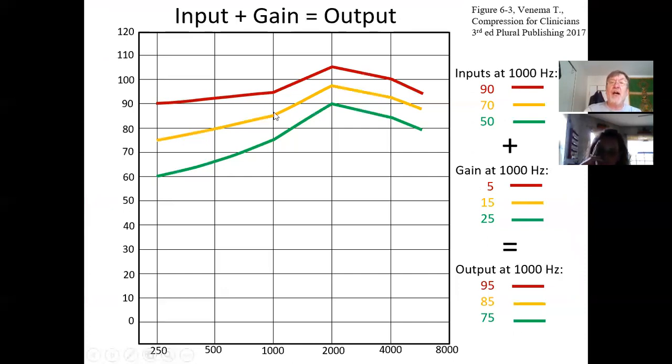So if you look at your output here, it's about 95. And what was my input? 90. So what's my gain? 5. Look at the middle one. My output is 85. My input was 70. What's my gain? 15. Over at the green, my output is 75 at 1,000 hertz. My input was 50. My gain is 25.